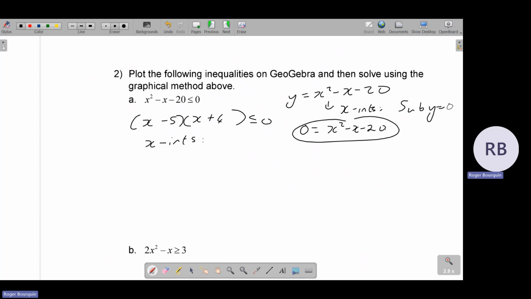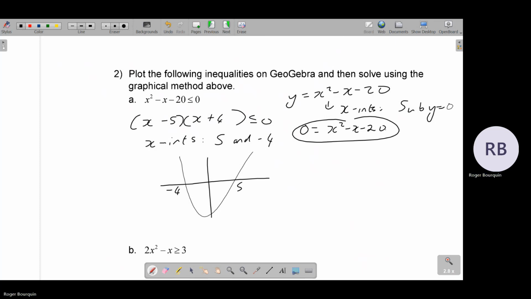So write down what the x-intercepts are going to be: 5 and? Are you happy with that? Now, if I'm using the parabola technique, I don't care where the turning point is. All I have to worry about is, it's not a graph you're drawing, it's a tool to help you. The x-intercepts are -4 and 5, right?